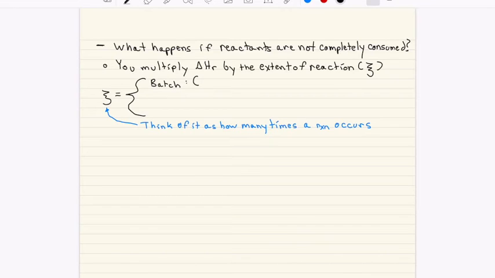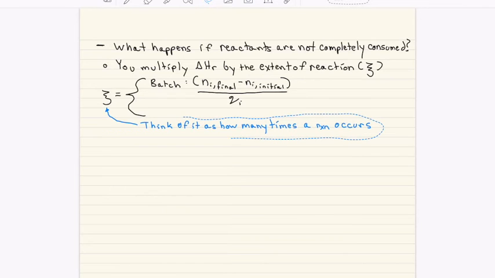If you have a batch system, your extent of reaction is going to be the difference between the final amount of moles for some species minus the initial amount that's in the system, and that's going to be divided by the stoichiometric coefficient for that species in whatever reaction you're looking at.